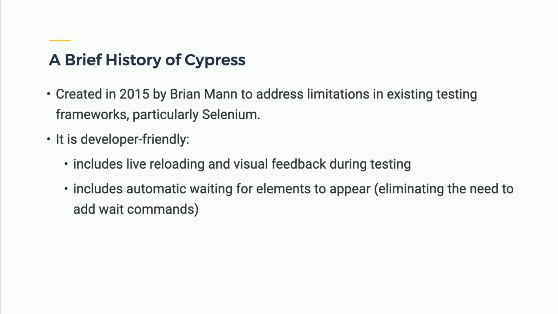It includes automatic waiting for elements to appear, so that eliminates adding the wait commands that we've all had to do. Wait, okay, wait some more, no, that didn't work. And then you end up getting flaky tests. So Cypress was one of the first tools to really tackle how flaky tests were. Playwright has done exactly the same thing, so they're neck and neck in that regard.